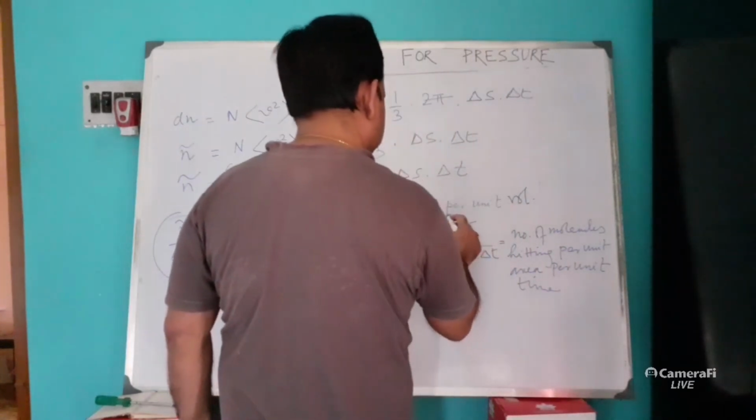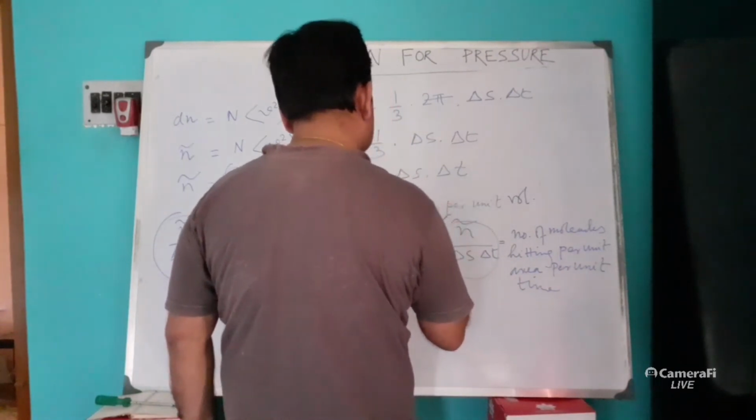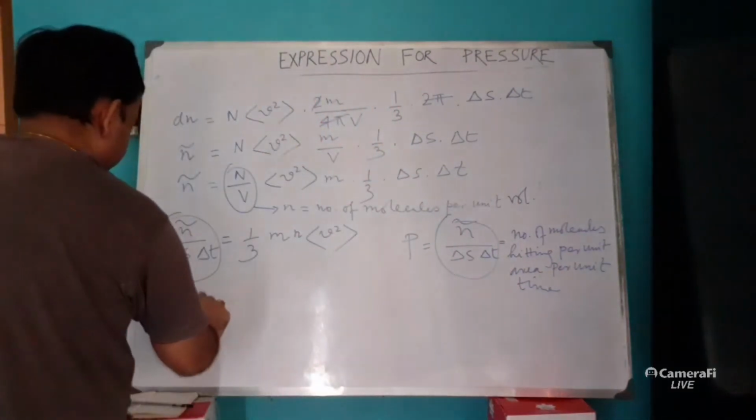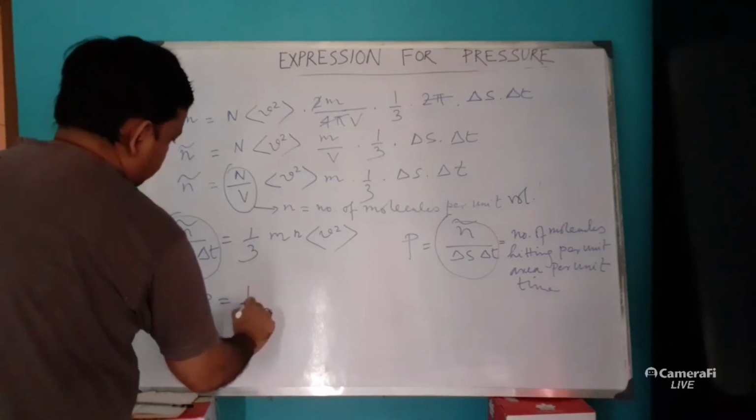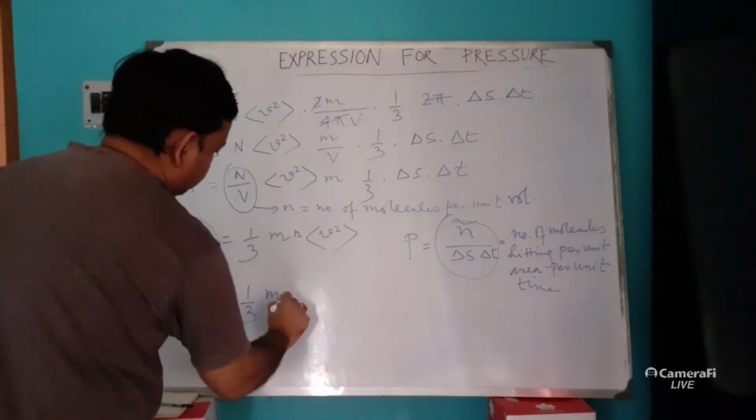So this definition is actually the pressure. So the expression for the pressure is equal to 1/3 N by V m v squared.